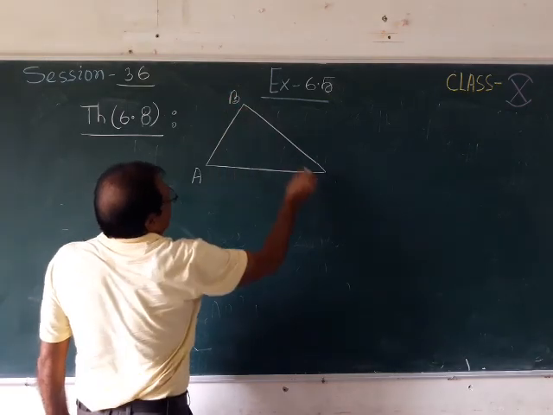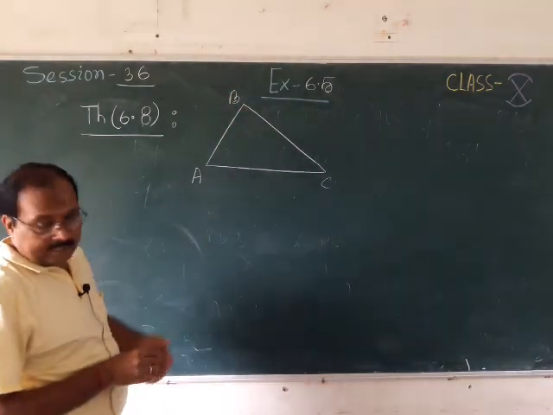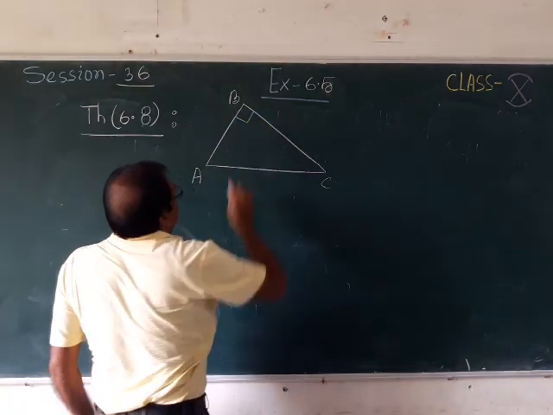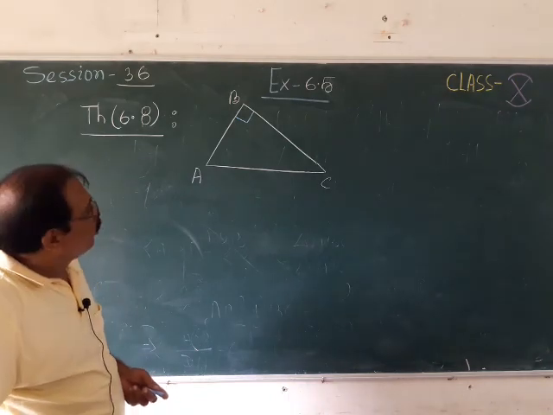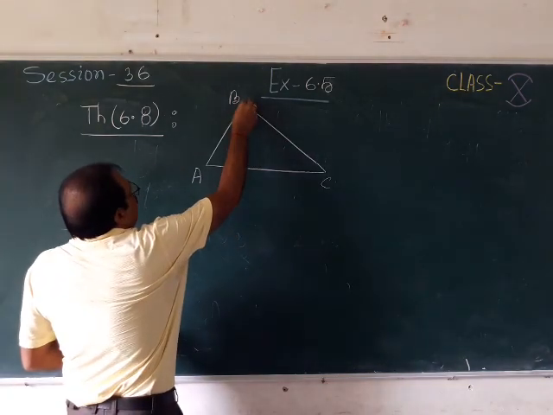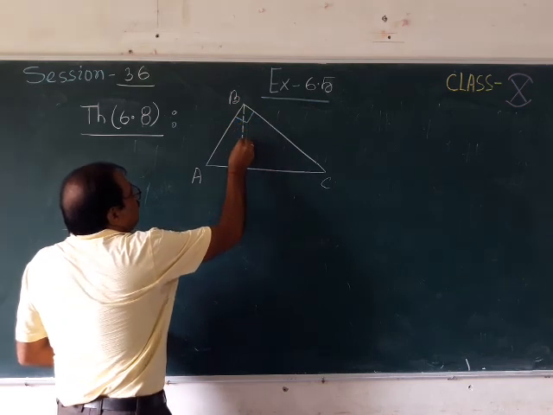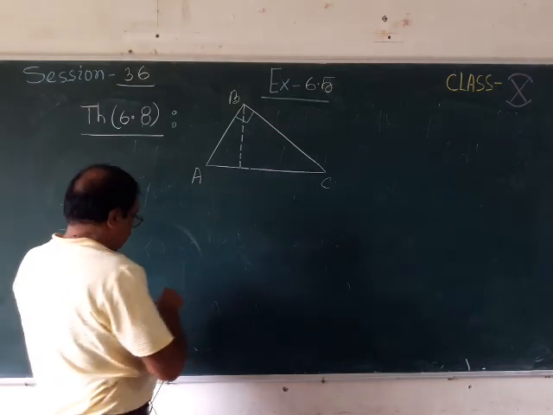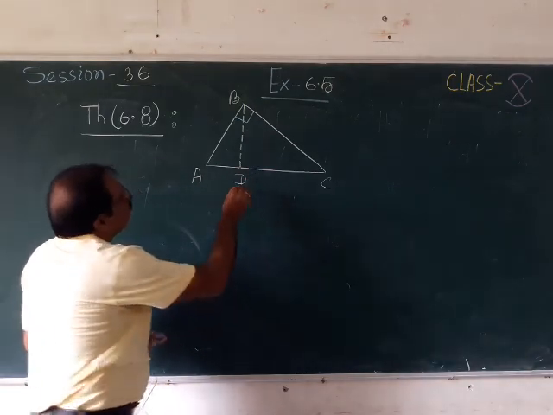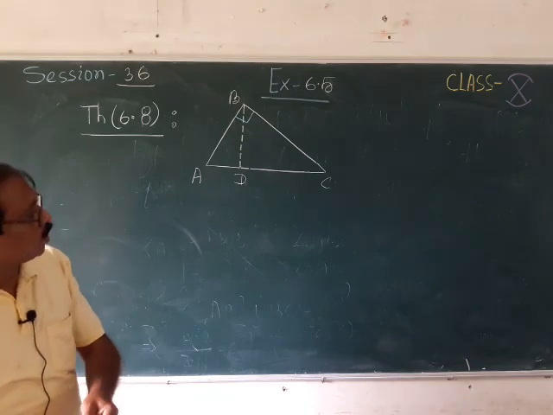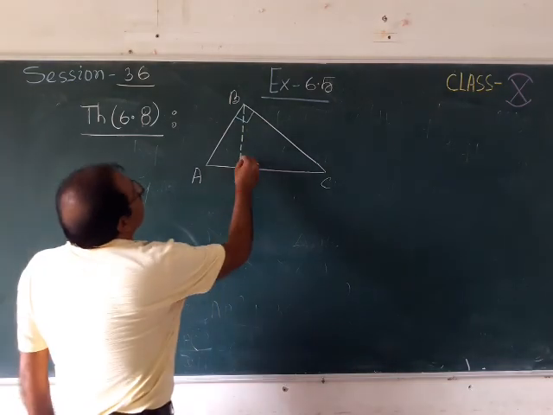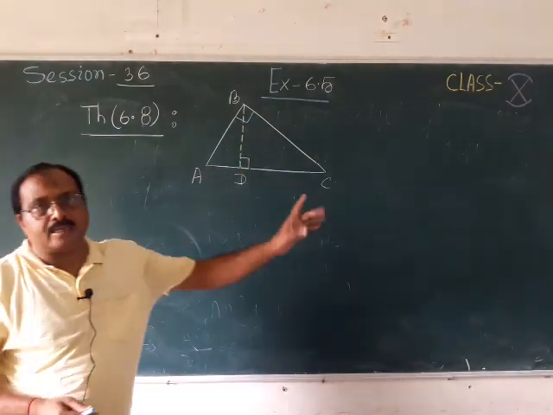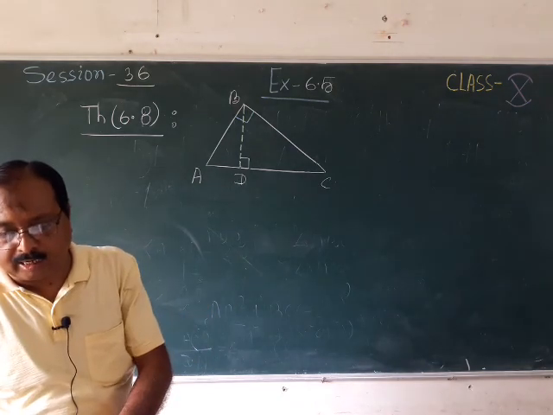A, B and C. Suppose ABC is a right angle triangle and it is a right angle at this point B. Now I am going to draw a perpendicular from B to this side AC, and suppose this is, its name is D. So BD is a perpendicular which is drawn on the side AC, and you are aware here that AC is the hypotenuse of this right angle triangle.